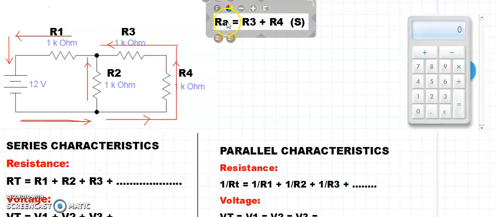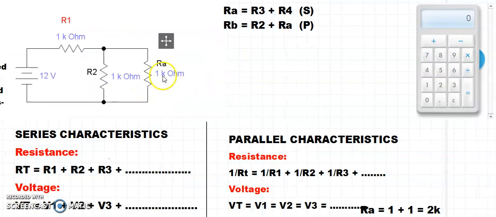Now you can see that once you have RA, we have R2 and RA in parallel. As you can see in the diagram, now RA has replaced R3 and R4 which were in series, so we have another new equivalent circuit with R1, R2 and RA, and now we can change these values also.